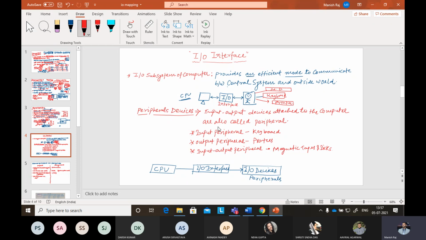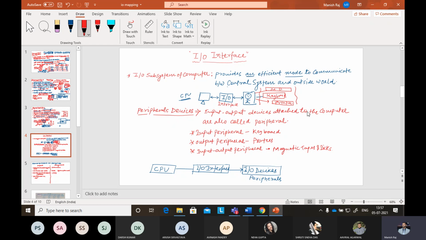So on the basis of these things, first we will divide the peripheral devices. You can say these are the IO devices, the devices which can provide the input or take the output. These are the peripheral devices.